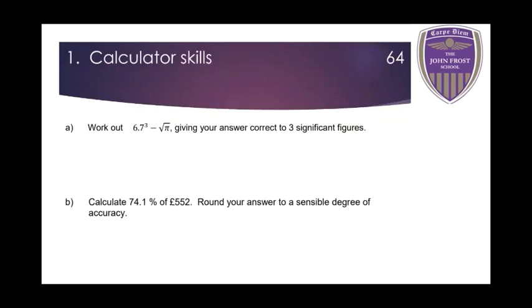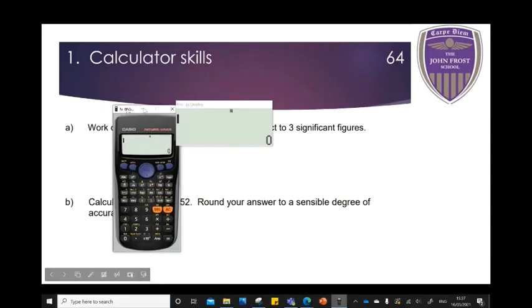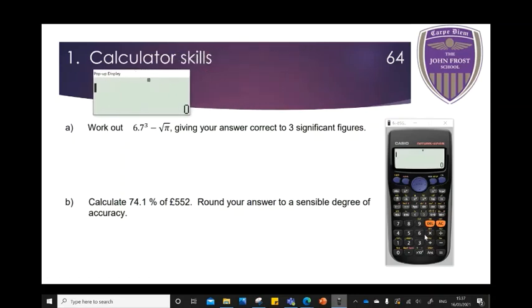So first up, we've got calculator skills. We are asked to work out 6.73 squared, take away the square root of pi, and we need to give our answer correct to 3 significant figures. This is a calculator paper, so let's get a calculator up. For these ones, you just type in what you see in the question.